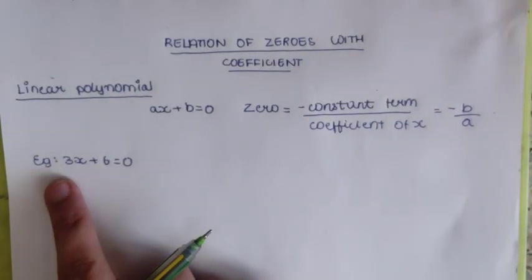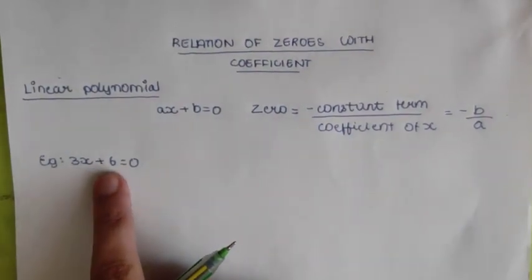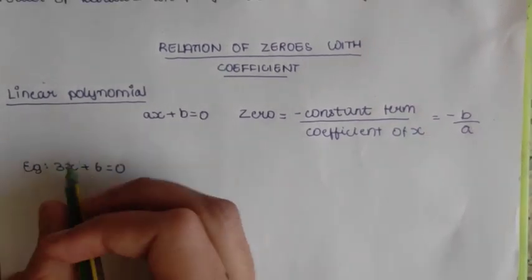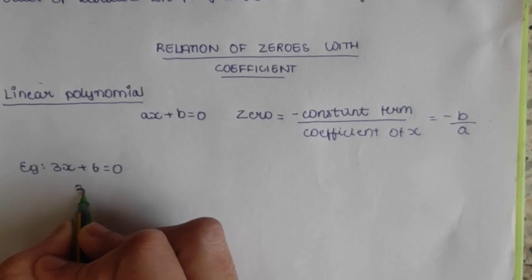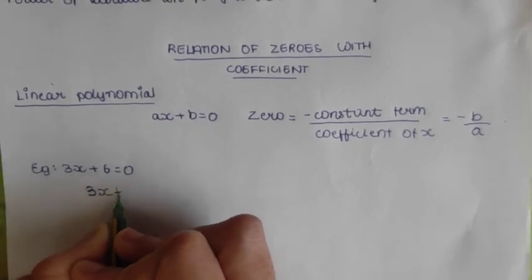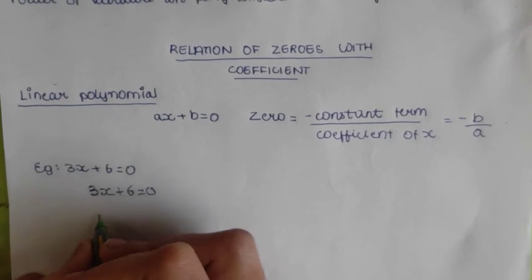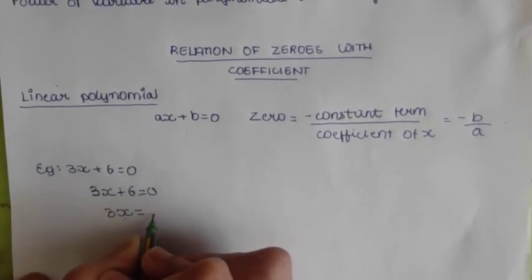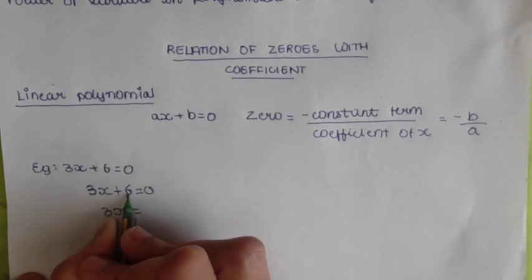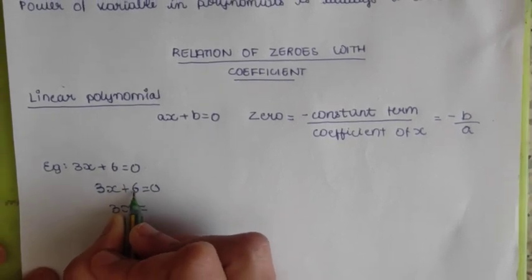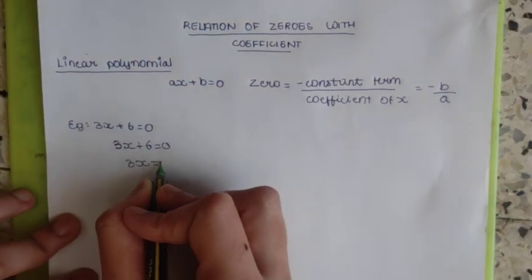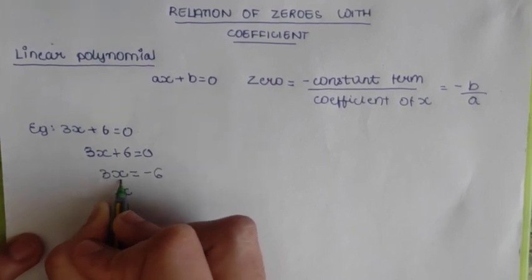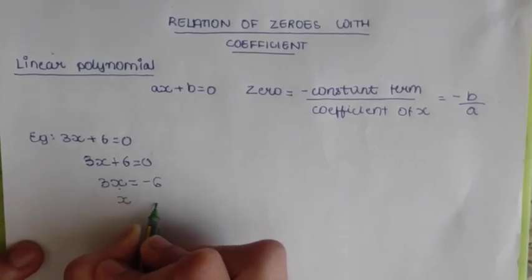Here we have the example 3x plus 6 is equal to 0. Let me write down my question again: 3x plus 6 is equal to 0. The value of x here will be our zero. When the 6 goes to the other side, it becomes minus 6, and the 3 multiplied with x becomes a divide on the other side.